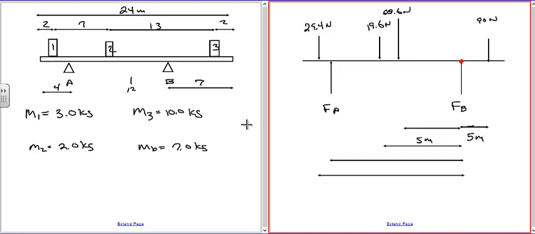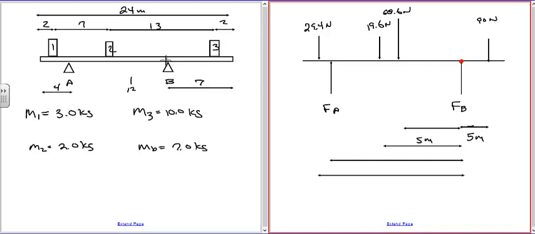Does that make sense? 7 minus 2 is 5. And so if you think about it, 5 plus 5 plus 2 gives you 12. So that adds up. It's a check.